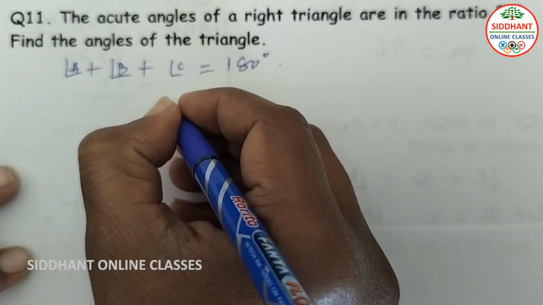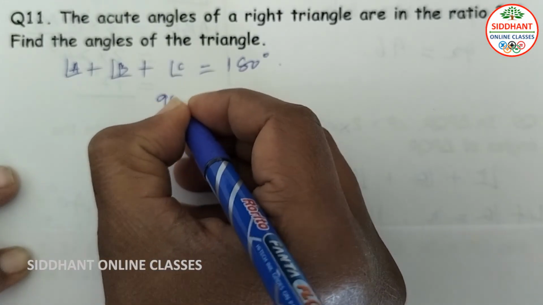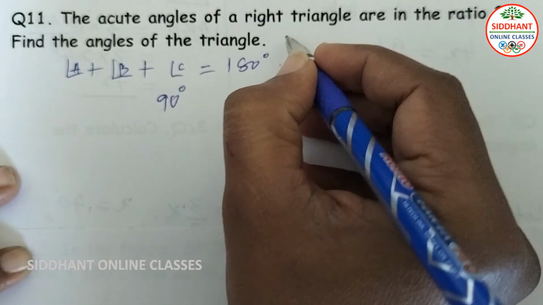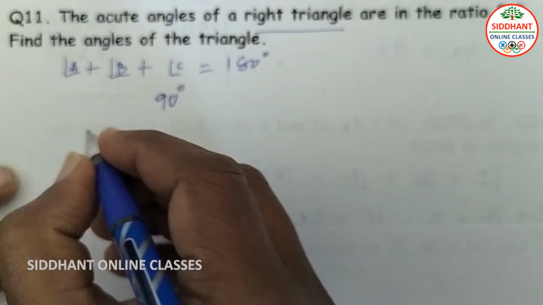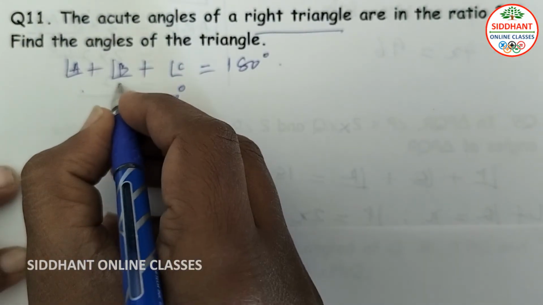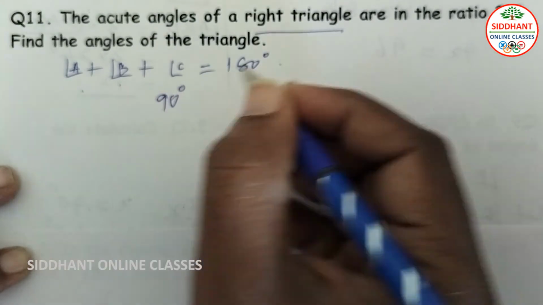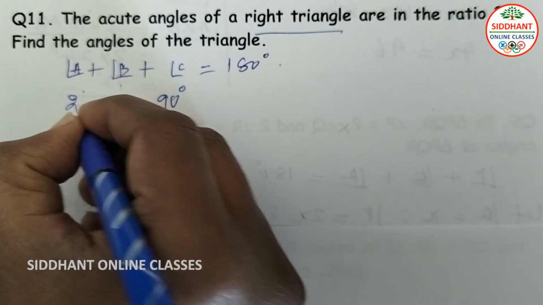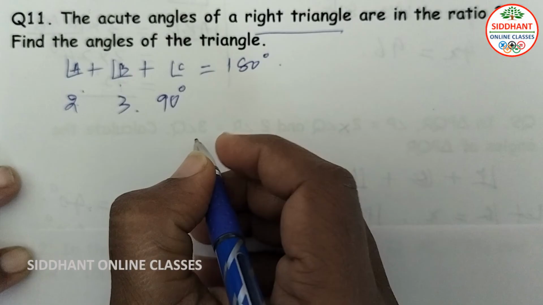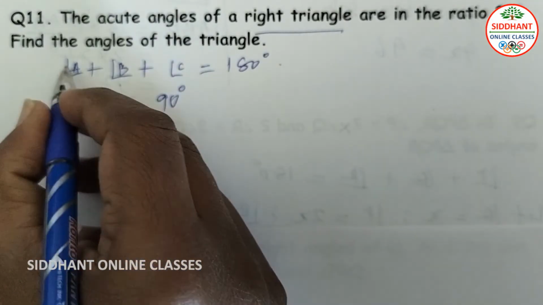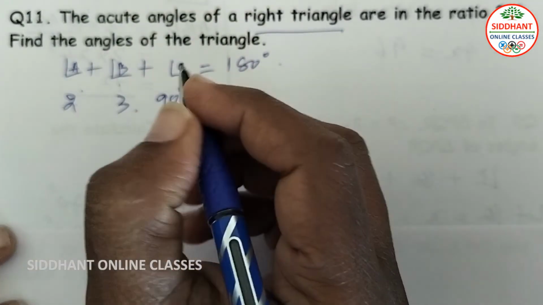One angle is 90 degrees, as in the question it is given that it is a right triangle. We are going to find angle A and angle B, and these angles are in the ratio 2:3 here. The sum of these angles will be 90 degrees here.